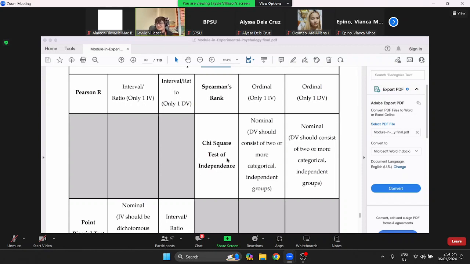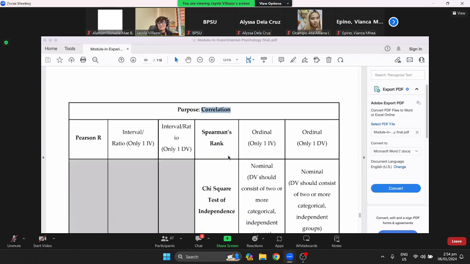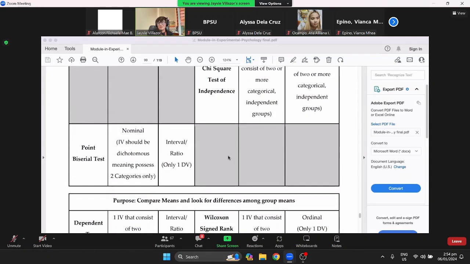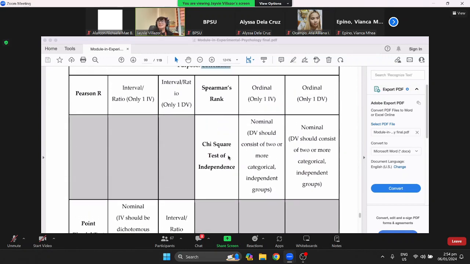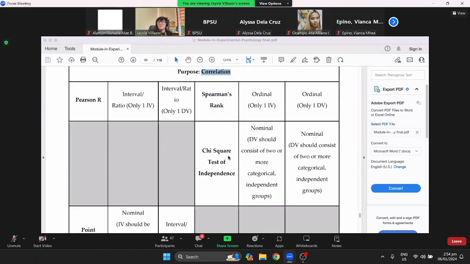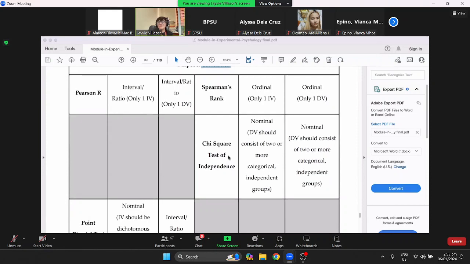Voting preference, okay? Then, you're going to utilize chi-square independence. Can you follow? At si chi-square test of this, ano siya? Parametric or non-parametric?